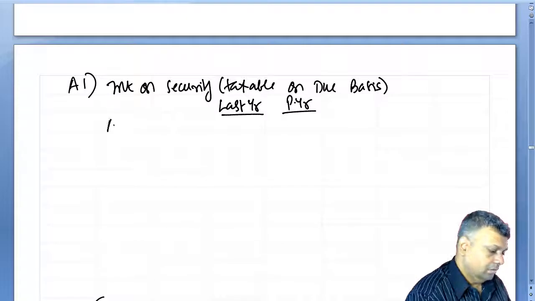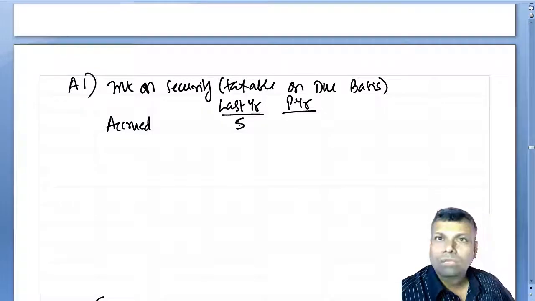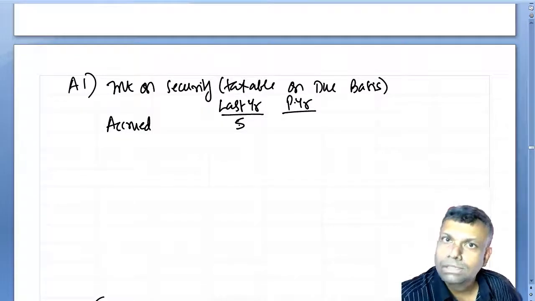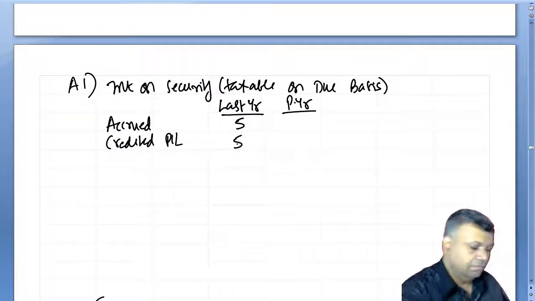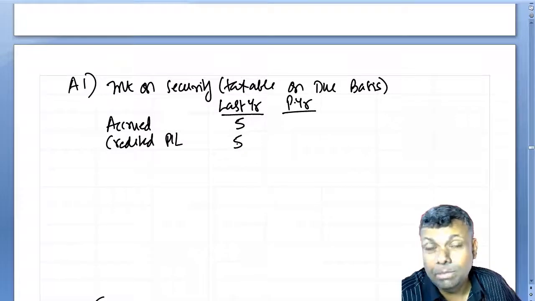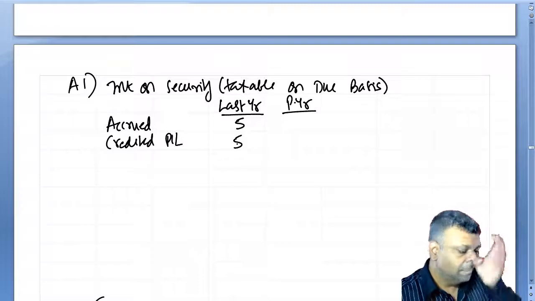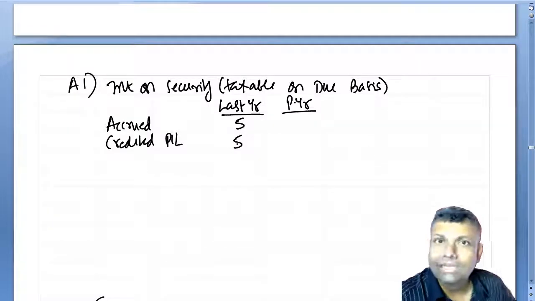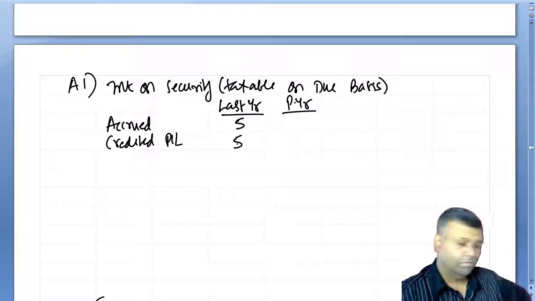So accrued in the last year. So credited in the profit and loss last year. Just for an understanding purpose, I am doing it. So it is accrued last year. So logically, it is credited to the P&L also last year. 5 crores.